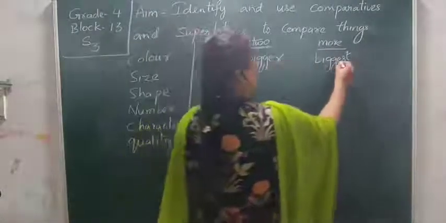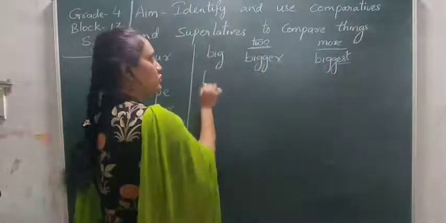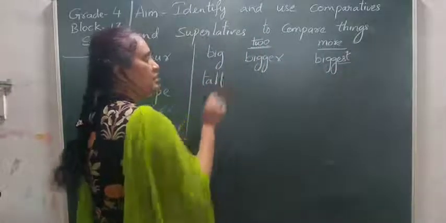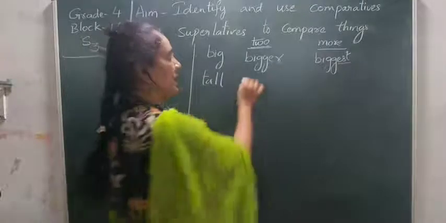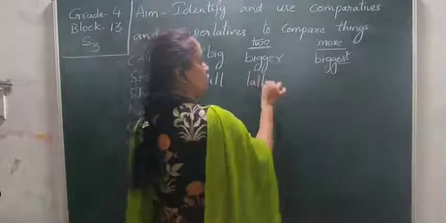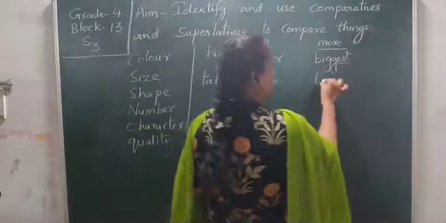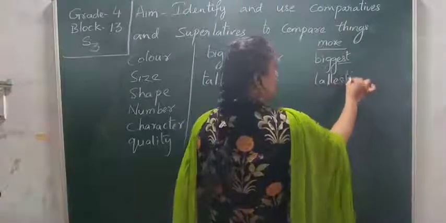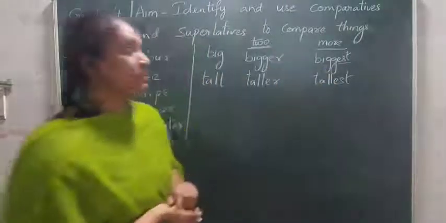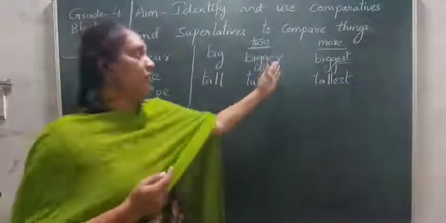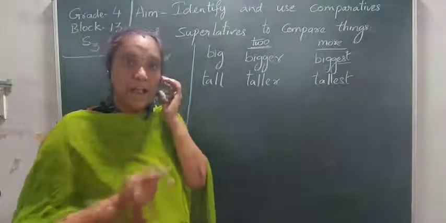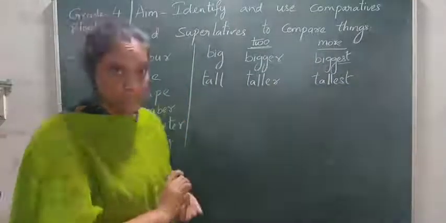More than 2, EST. In the same way, if I use tall, if it is between 2 things, I say taller, and tallest. Normally, based on writing ER and EST, we have syllables. What is a syllable?